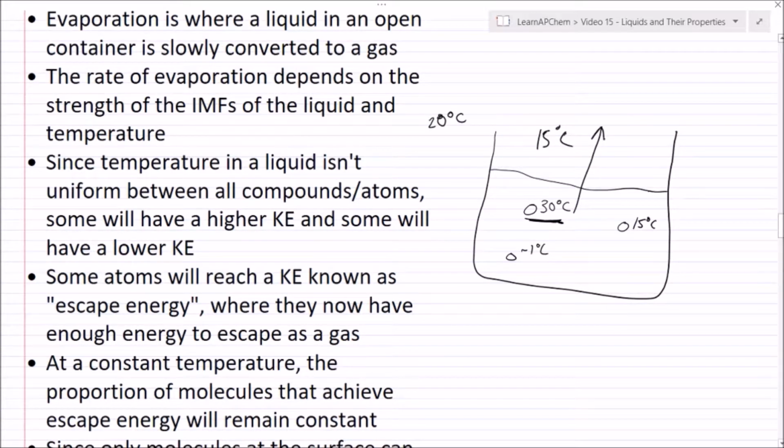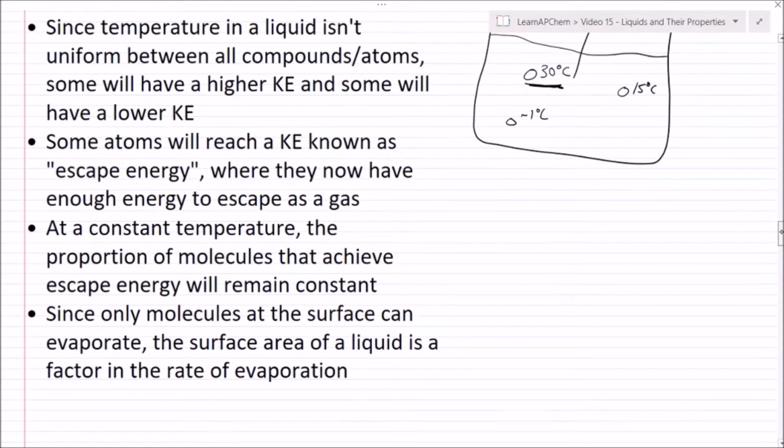So that's how evaporation occurs. Now, at a constant temperature, the proportion of molecules that achieve escape energy will remain constant. So maybe 1/10, or maybe it's 1/100th, but this number will remain constant if the temperature stays the same.